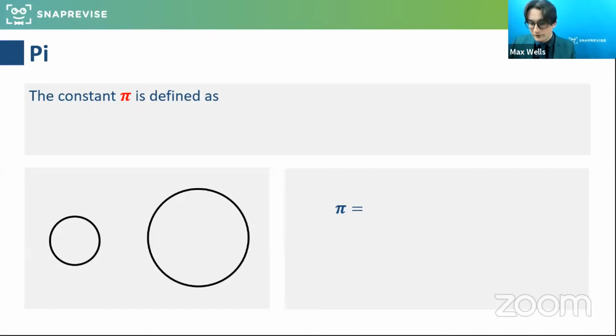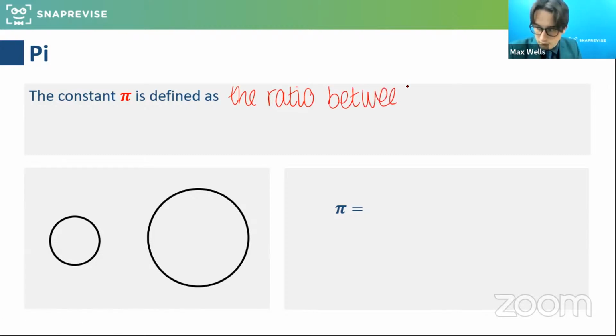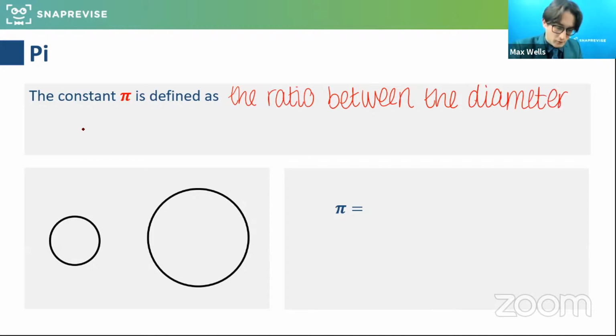So essentially, the definition of pi is, let me make sure I've got the right pen here. Here we go. Pi is the ratio between the diameter and circumference of any circle.